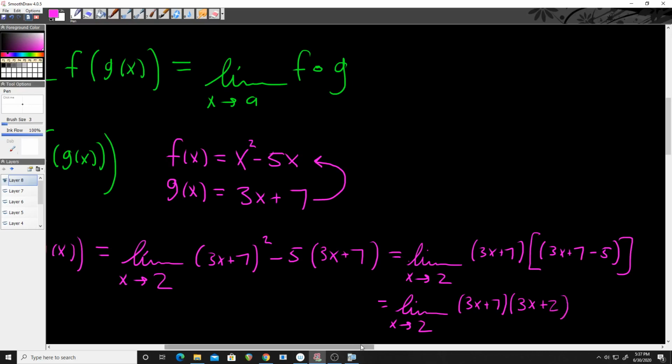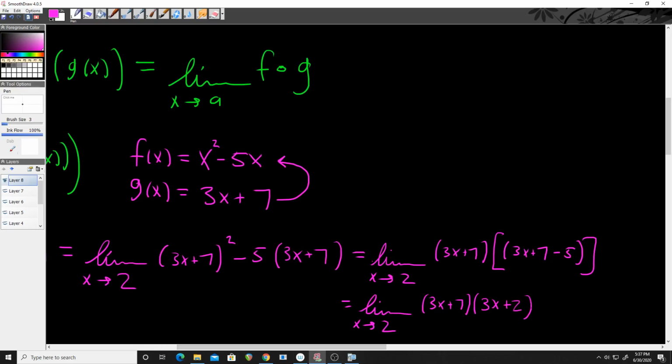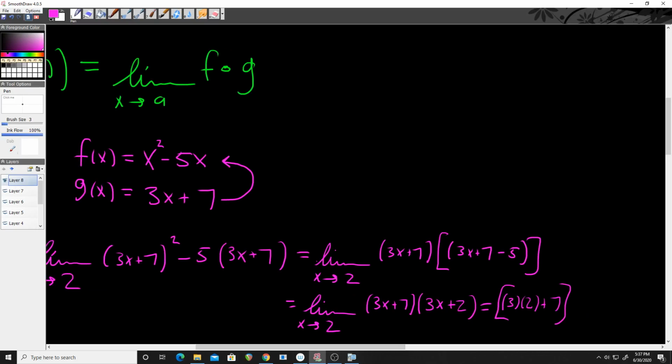Now, when I plug in 2, I'm going to get 3 times 2 plus 7 in my first group, multiplied by 3 times 2 plus 2.